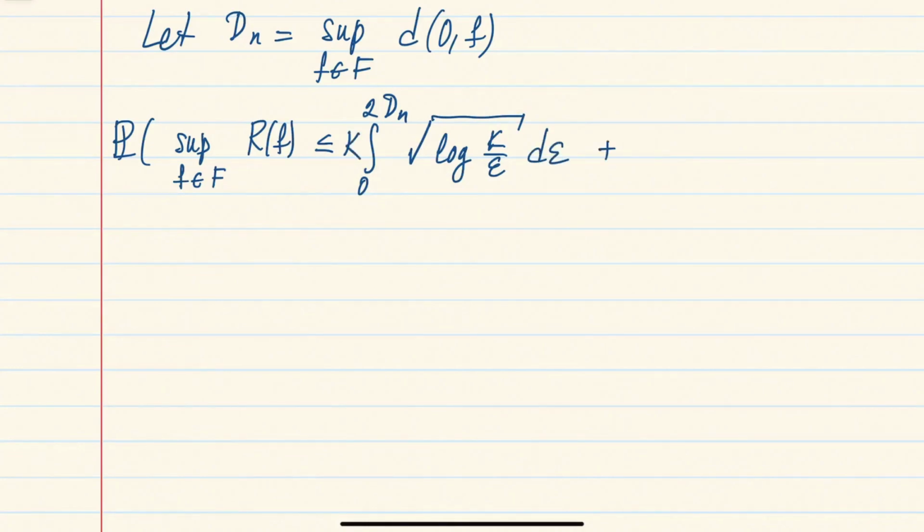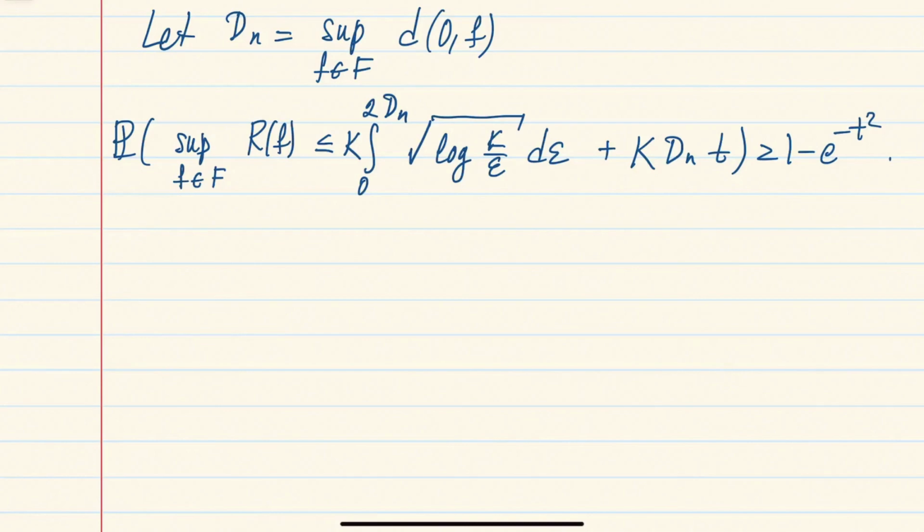And in the second term, also we had some absolute constant times the distance from 0, but here I'm taking supremum, so that's replaced by the supremum dn. Okay, and then square root of u, I will replace it by t, so this probability is bigger than e to the minus t squared. So we get this by plugging the estimate on the packing number into the Kolmogorov's chaining lemma.